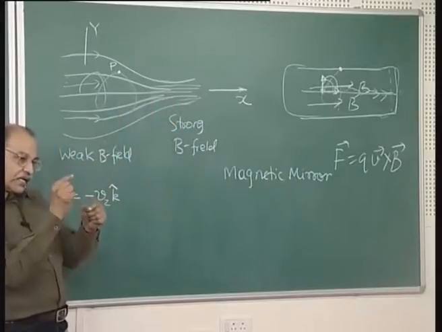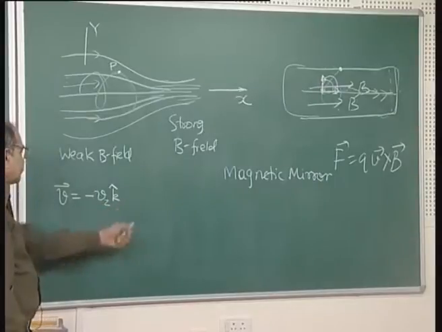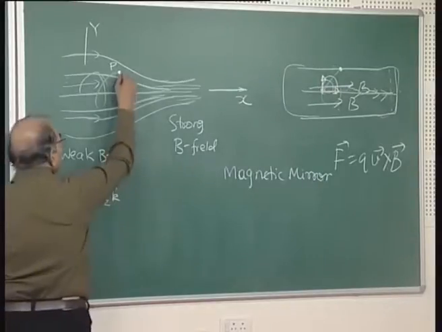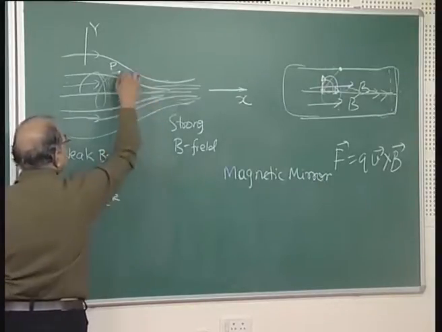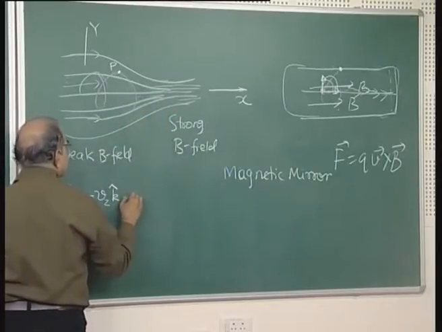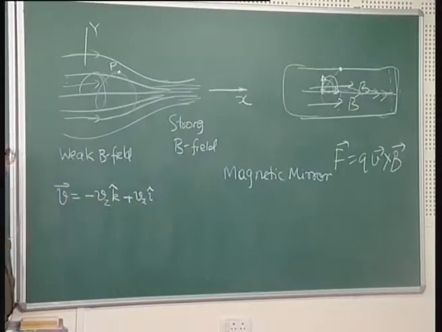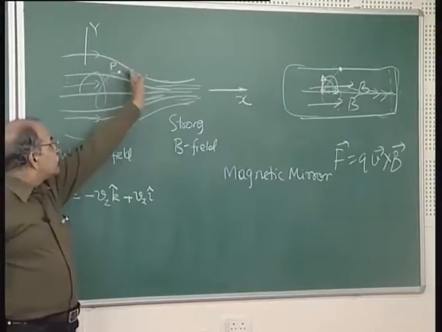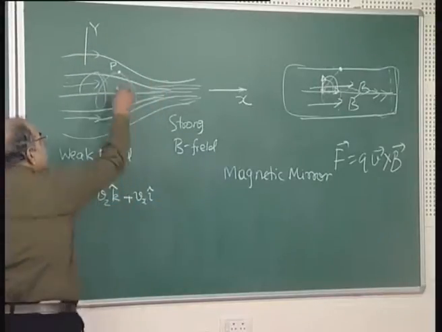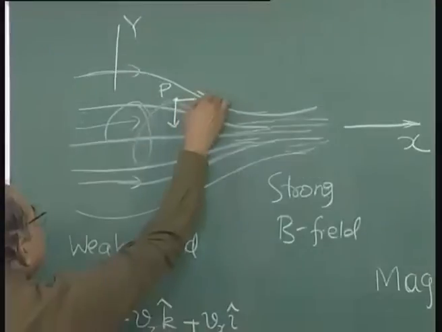So, it is going like this. So, this z component here. And then there is a component in this direction, it is going ahead also. So, this component will be plus V x i cap. And the magnetic field, as these field lines are bending, the magnetic field also has a component in this direction and in this direction.